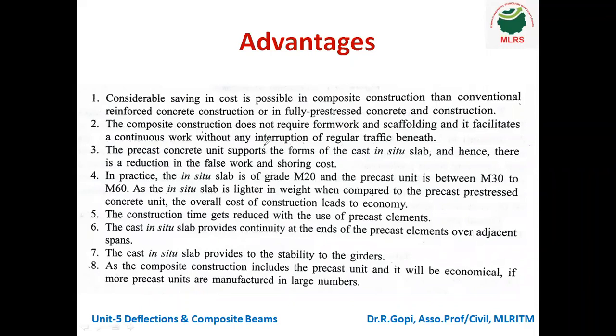Next, the precast concrete unit supports the forms of the cast in situ slab, and hence there is a reduction in false work and shoring cost. In practice, the in situ slab is of grade M20 and the precast units are between M30 and M60.